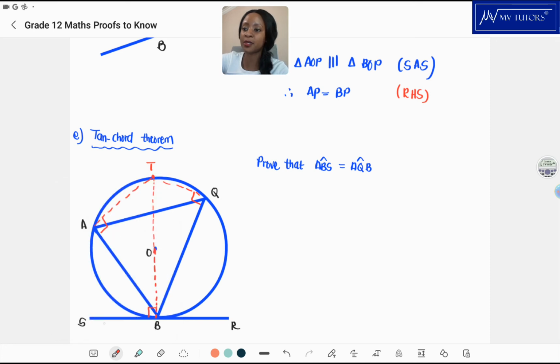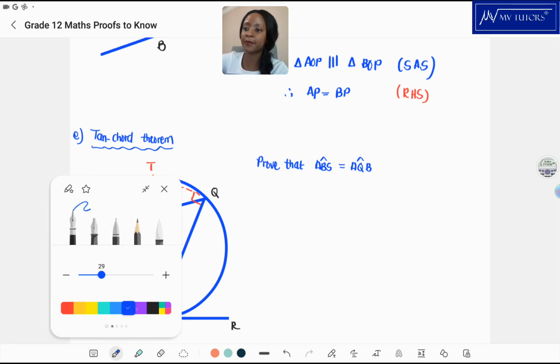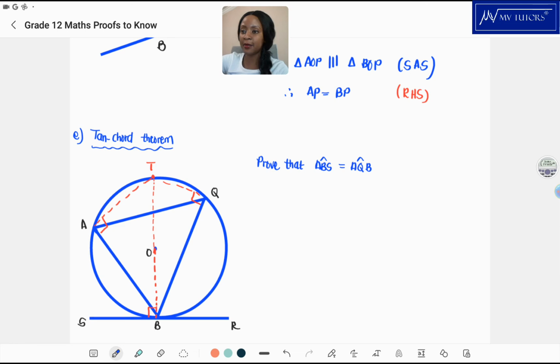So what I would say initially is that TBS is equal to 90 degrees. Then I would look at the angle ABS.